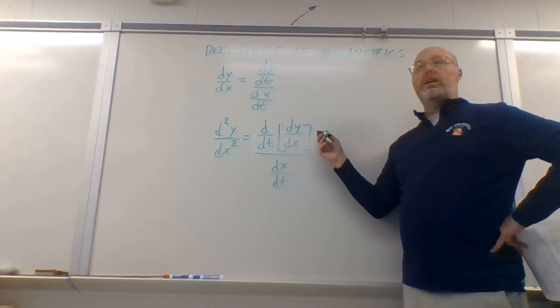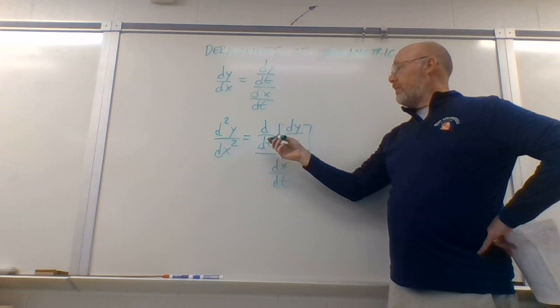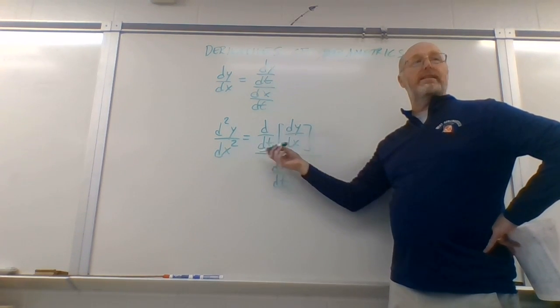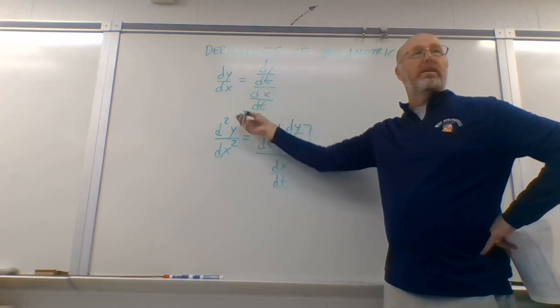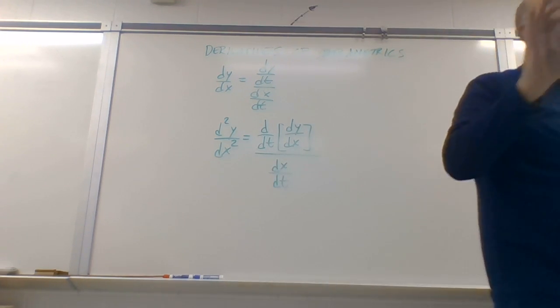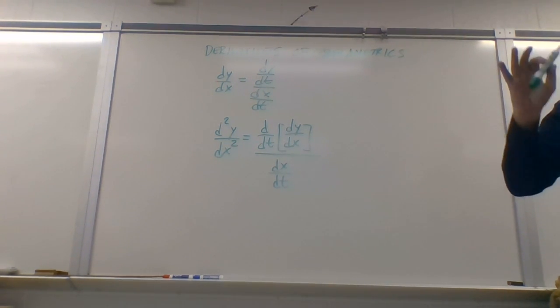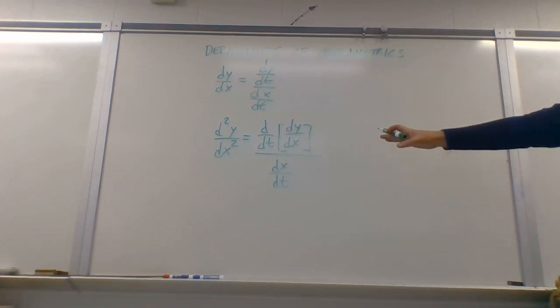I'm going to take the derivative, then take the derivative of the derivative with respect to t, and then just take the derivative of this part of that derivative. It's nasty. I'll do a problem with you, and I'll hopefully make it make some sense. And that's not a typo.